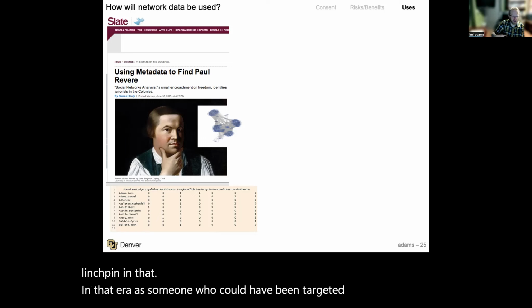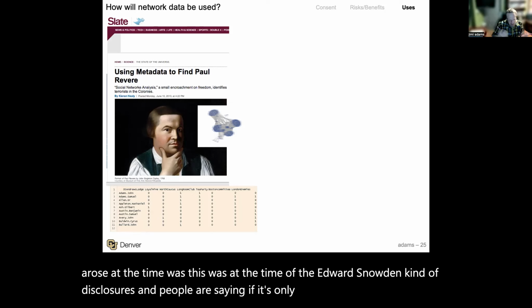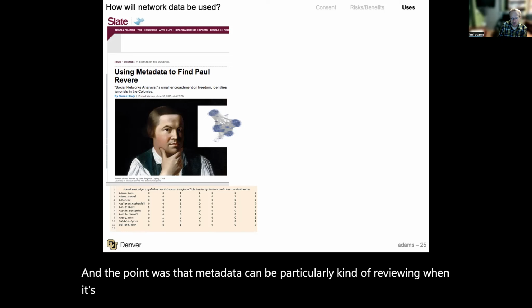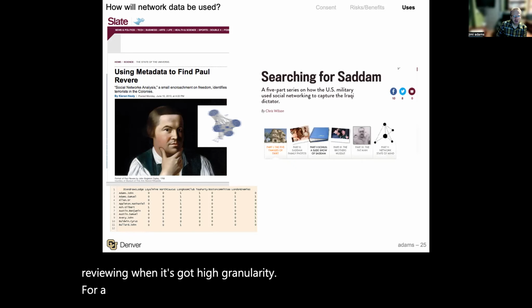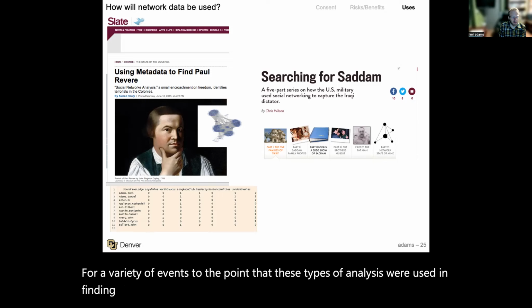And the reason this arose at the time was that this was at the time of the Edward Snowden disclosures, and people were saying, well, if it's only metadata, what does it matter? And the point was that metadata can be particularly revealing when it has high granularity for a variety of events, to the point that these types of analyses were used in finding Saddam Hussein and other terrorist infiltration sources as well.